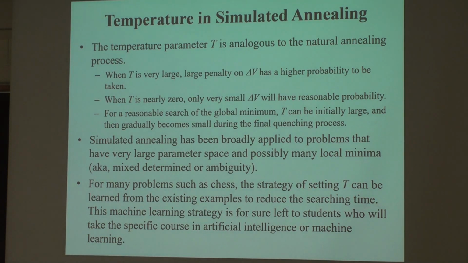And I'm done. So you can imagine the strategy of setting T in your search. Initially, I set a very large temperature, so whenever I reach a local minimum, it's very likely I take a large step to kick it out. Then you start searching again, but you gradually make the capital T smaller and smaller to quench it.